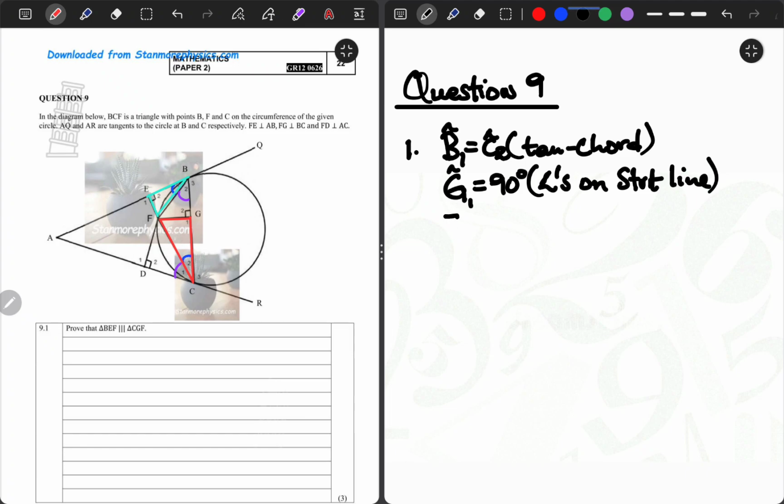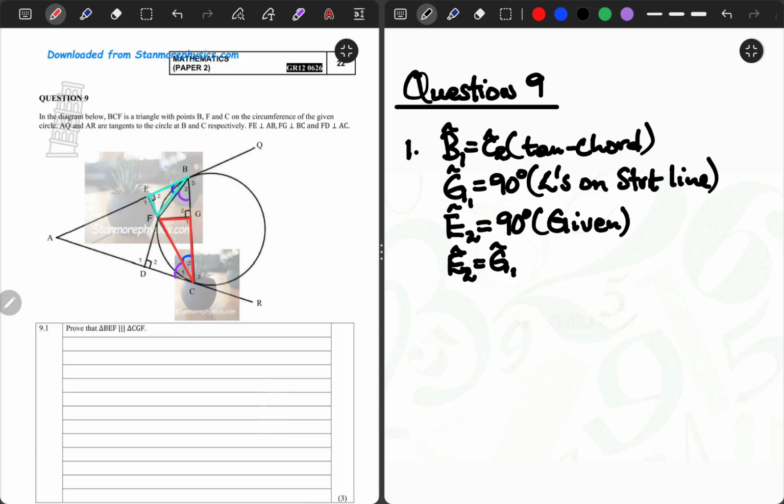But we have E2, which is equals to 90, and the reason here is it's given. That will allow us to conclude that E2 equals to G1.